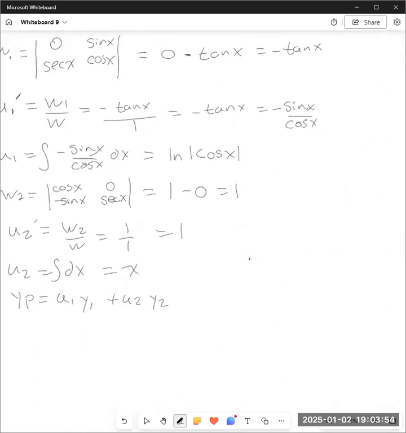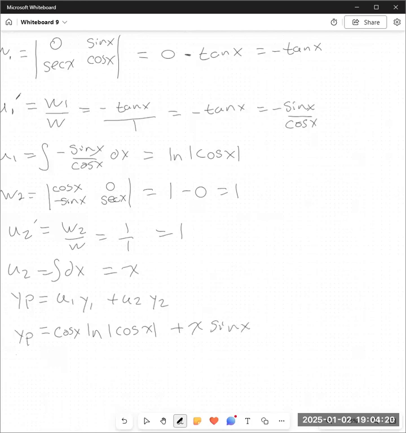So this is going to be u1, which was ln of absolute value cosine x, and y1 was cosine of x. And then we have x sine of x.